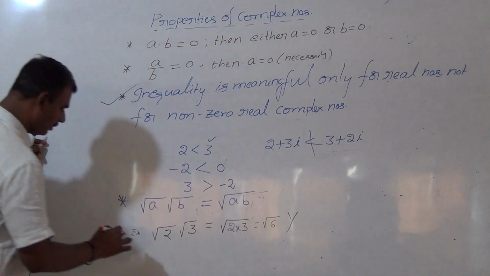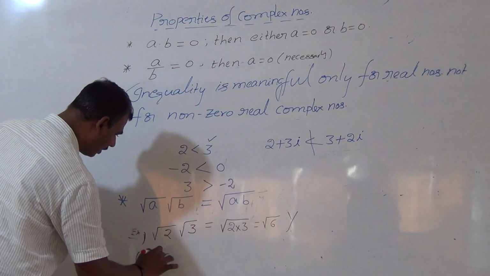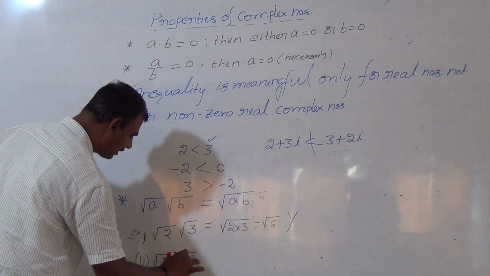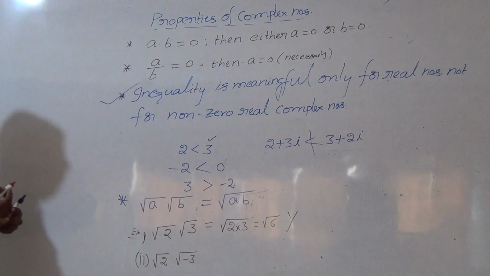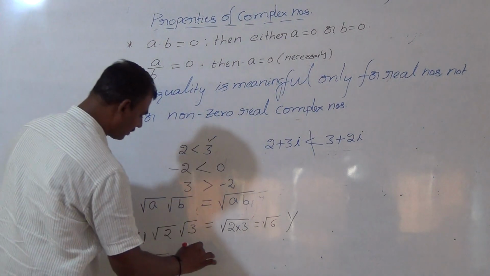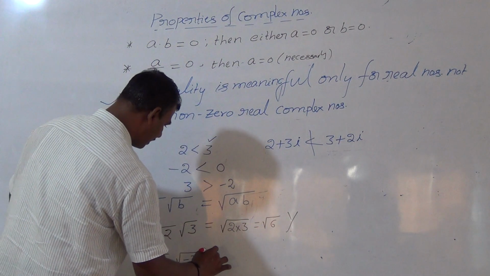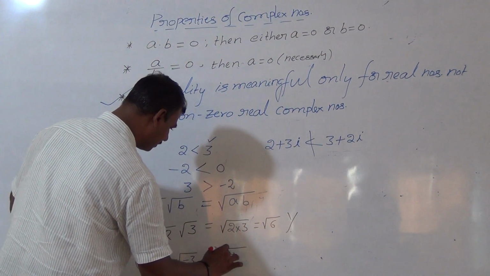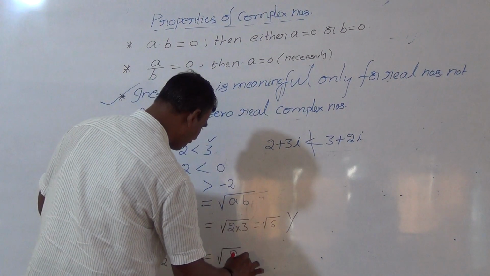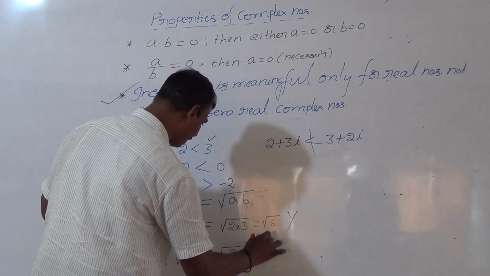For example, one more: square root of 2 into square root of minus 3. Is it applicable or not? Check. Square root of minus 3 is written as square root of 3 into iota.